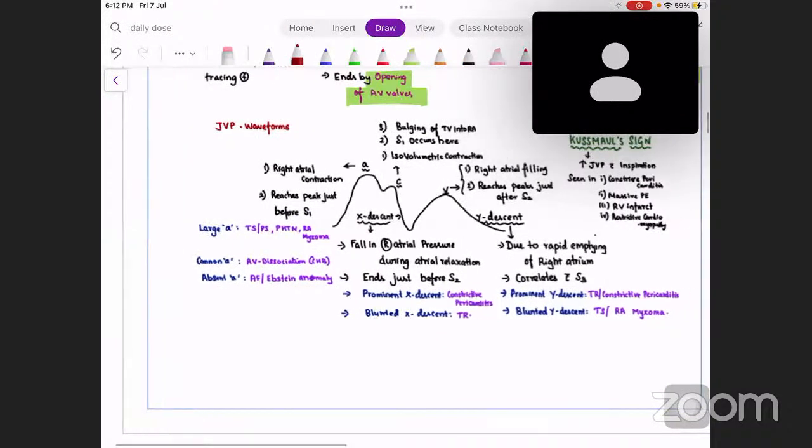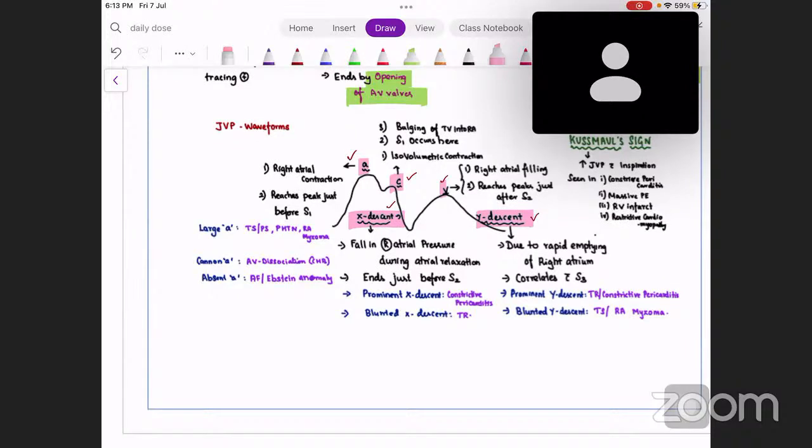So we have this JVP waveform. What are the waves we may see in the JVP? We may see the A wave, followed by the C wave, followed by the X descent, followed by the V wave, followed by the Y descent. These are the 5 wave patterns you may see in the JVP.